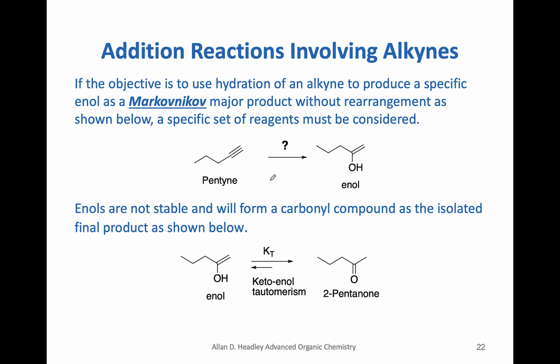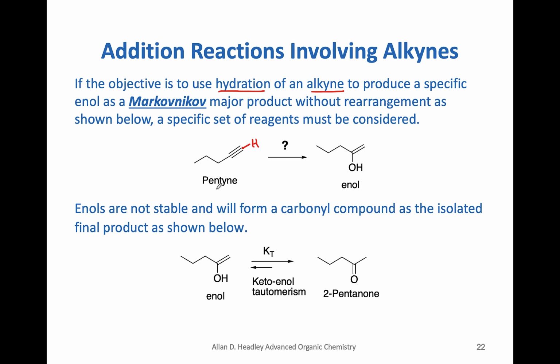Let's look here at the addition of water, hydration of alkynes. So let's say we have an alkyne here. Don't forget, this is a carbon which is bonded to a hydrogen. Let's say we wanted to add OH to one of these triple bonds. Remember, there are 2 pi bonds.